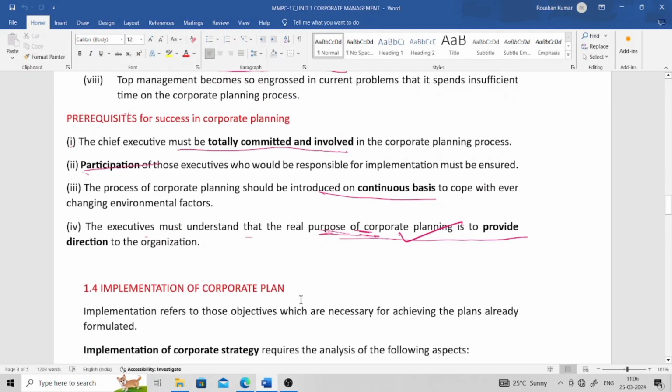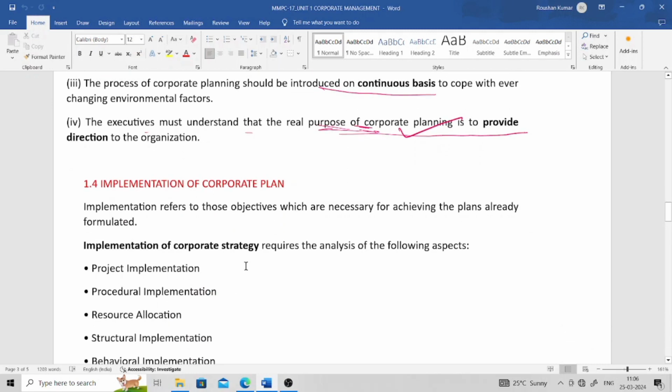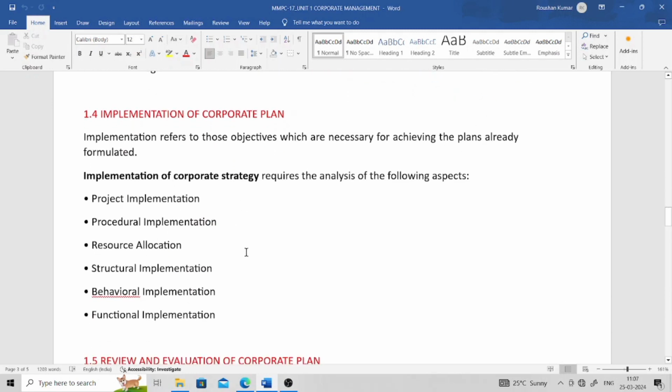Prerequisites for success in corporate planning are already done. Next we have implementation of corporate plans. What different ways can be utilized to implement a corporate plan?